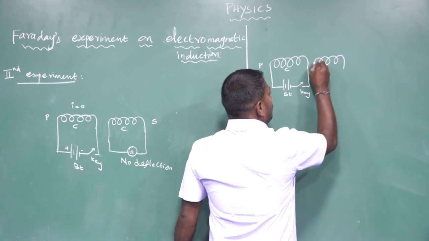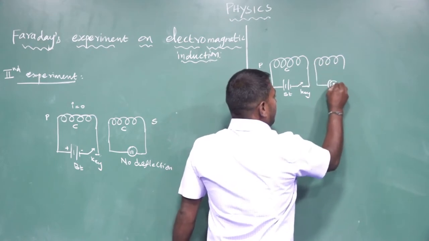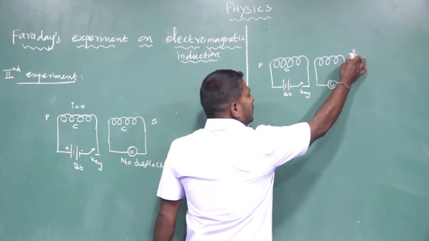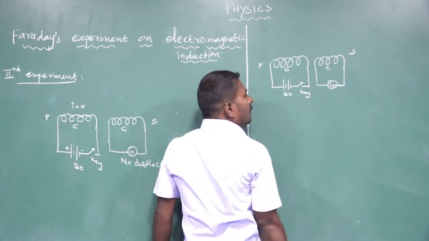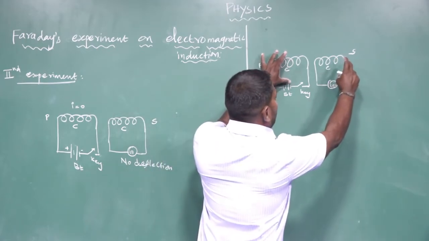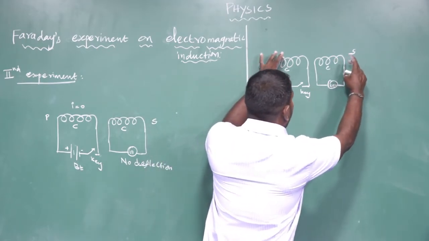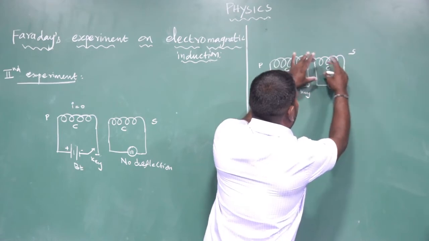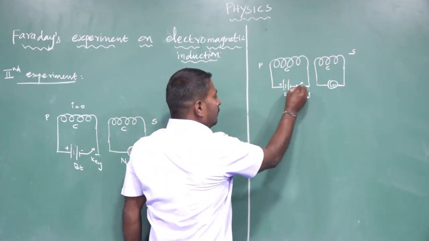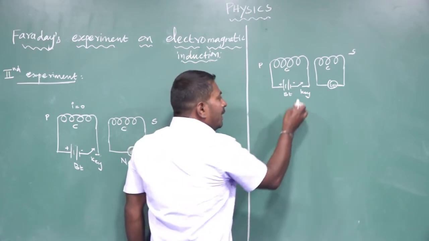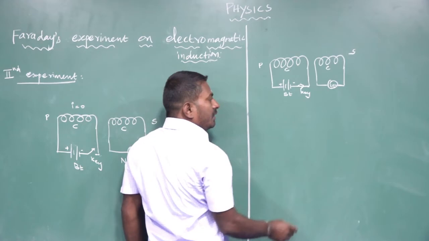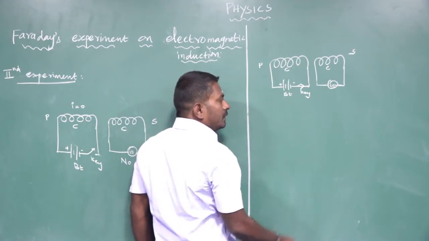Then the secondary closed circuit, consisting of a coil and the sensitive galvanometer. Both the primary and secondary closed circuits are placed very close to each other. Now the key is pressed in the primary closed circuit. See the position of the key. The key is closed.